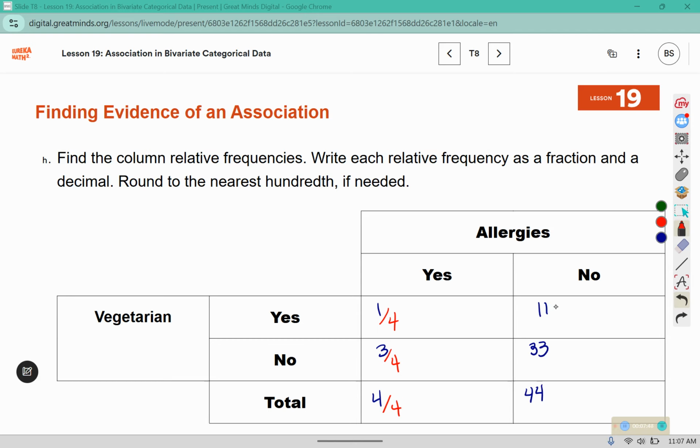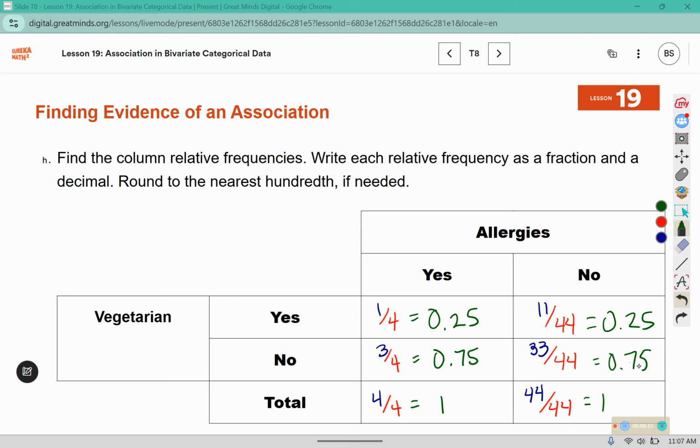And in the second column is 44. 1/4 is 0.25. 3/4 is 0.75. 11/44 is 0.25. And 33/44 is 0.75.